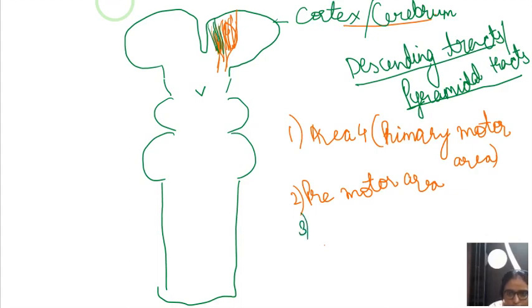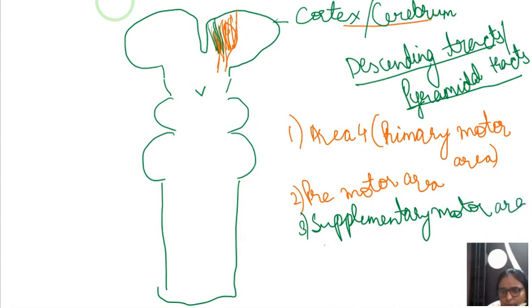Supplementary motor area. These motor areas are mostly located in your frontal lobes. Supplementary motor area, right?